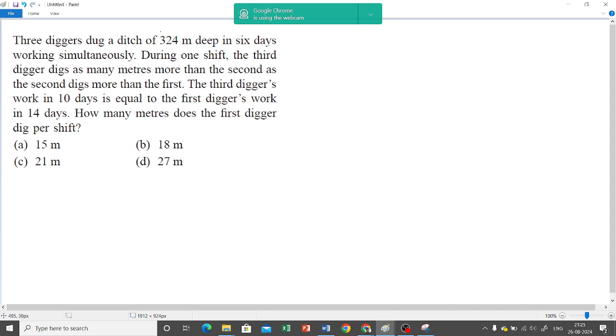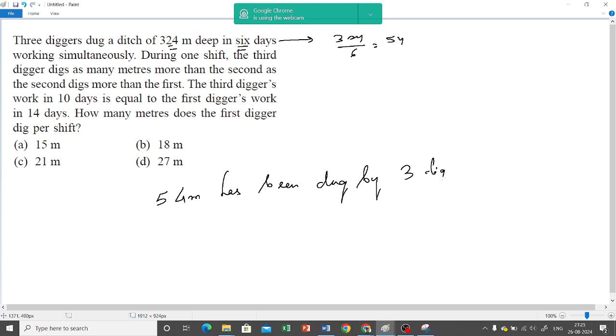So see, three diggers dug a ditch of 324 meters in 6 days. So in one day, how many meters have been dug? 324/6, that is 54, right? 54 meters have been dug by three diggers. Okay.